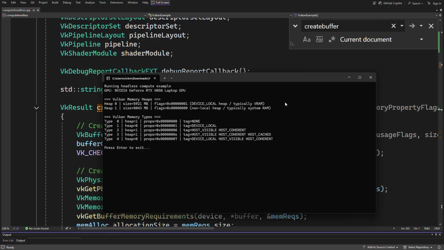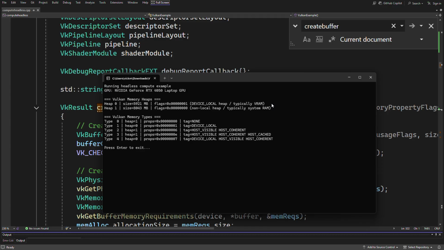I'm going to assume that my total VRAM is about 6 or 12, I don't know, right? But as far as Vulkan is concerned, Vulkan has access to basically 6 gigabytes, 5,921 megabytes of VRAM on my system. Okay?